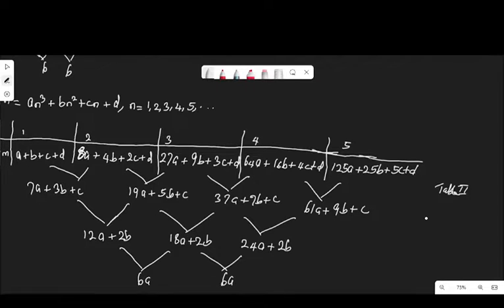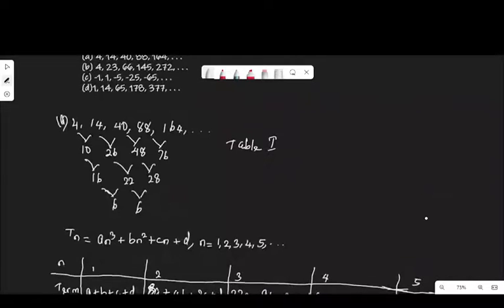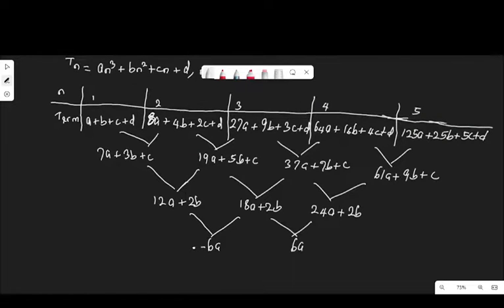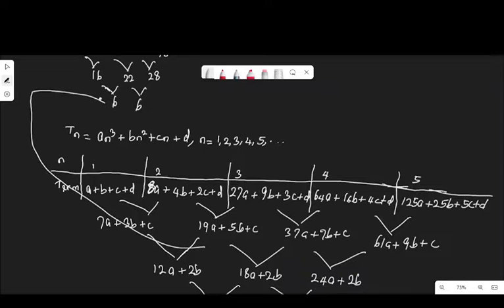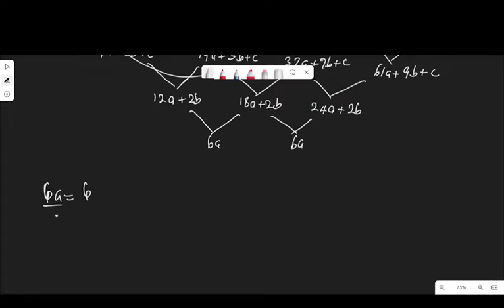Now comparing the elements of table 1 and 2, the last row in table 2 corresponds to this. That means 6a is equal to 6. Dividing both sides by 6, we have a to be 1.